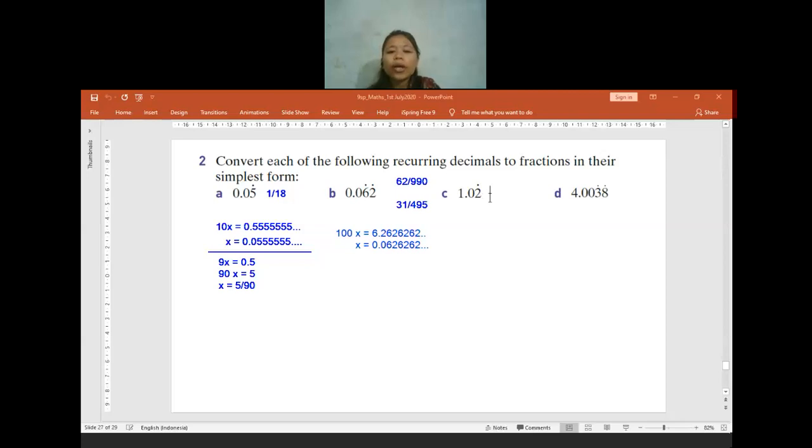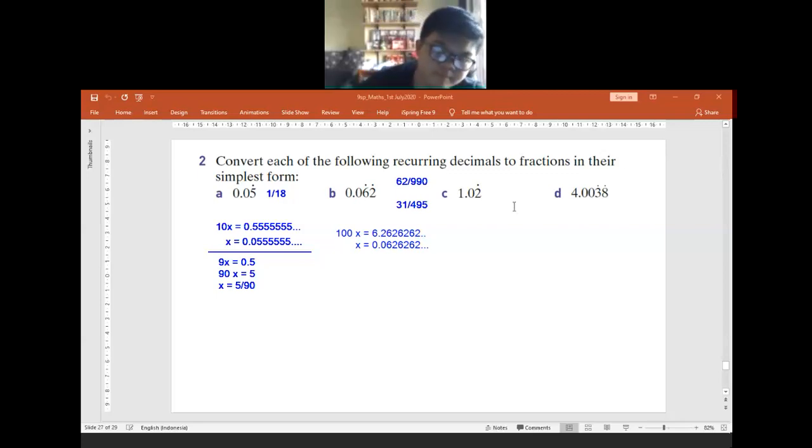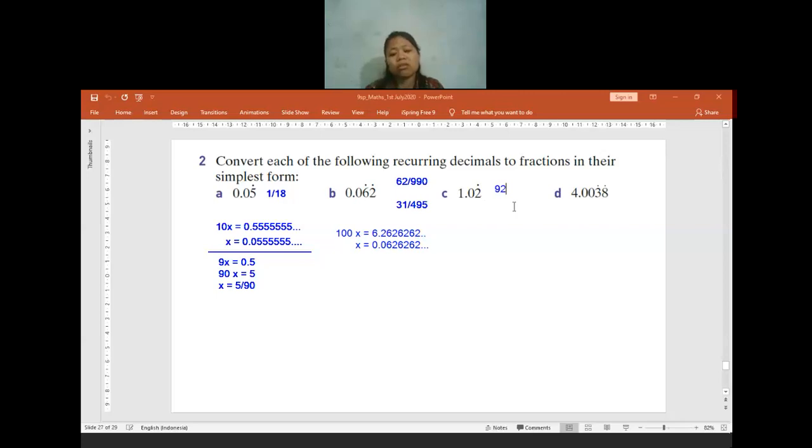Now let us continue to question C. How much will it be? 92 by 90. Is there anyone who disagrees with this answer? If you disagree and many of you have confusion, I will discuss it.